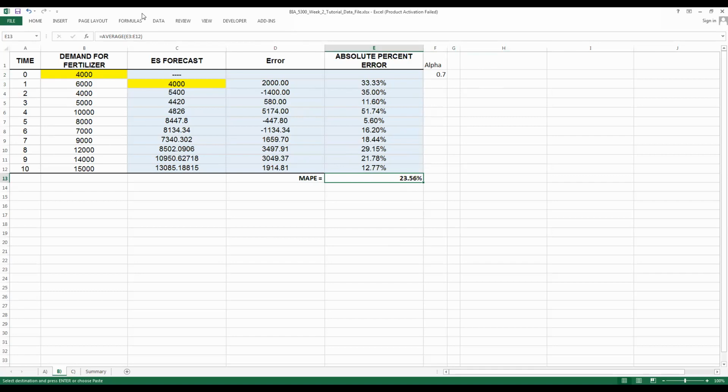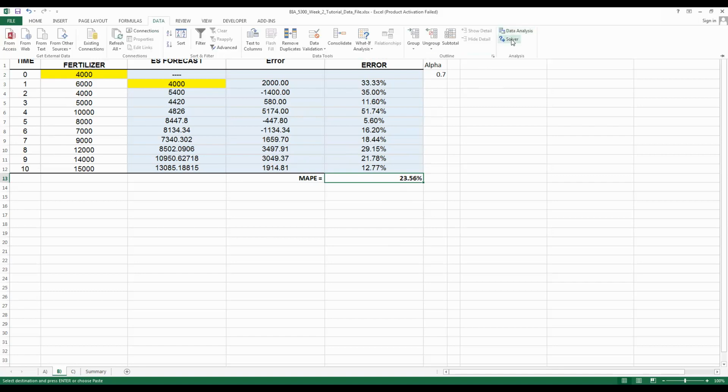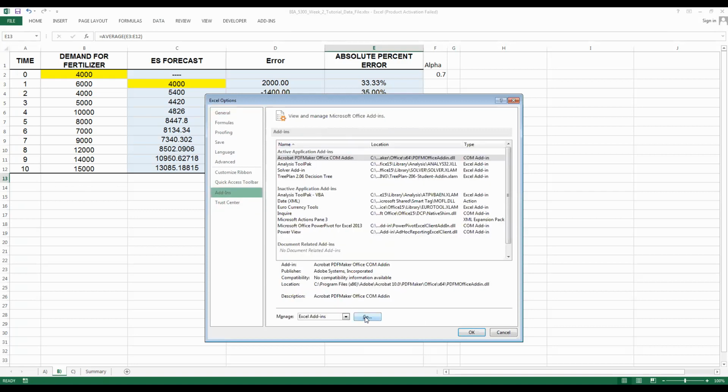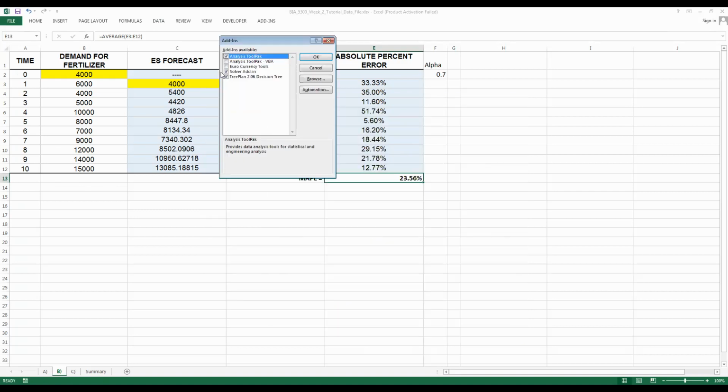If I go to data, I have solver here. You may not have that by default. If you want to get solver and you don't have it, you're going to go file, options, add-ins, and then click on go, and then check off the solver add-in.